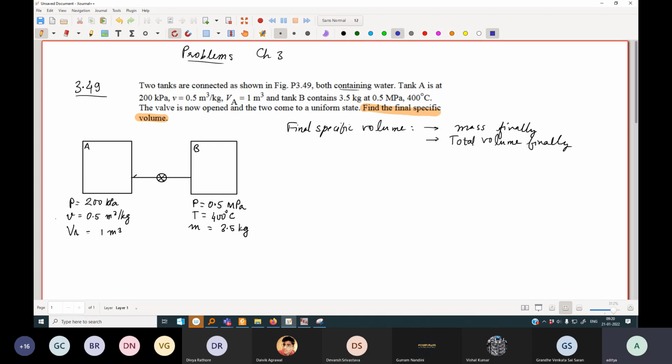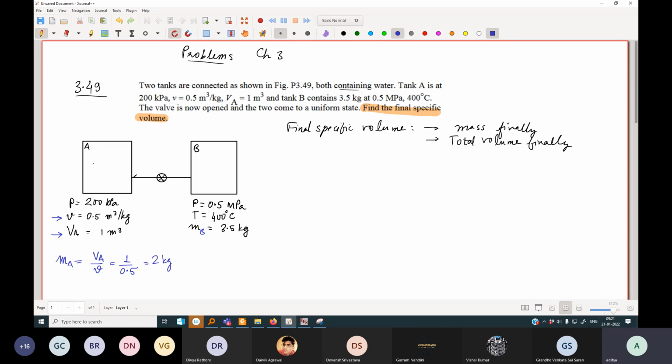So, do we know the total mass of the system? Over here, we only have the specific volume and the total volume. So the mass in system A will be equal to the total volume divided by the specific volume. So, what is this going to be? 1 over 0.5, and this is going to be 2 kilogram.